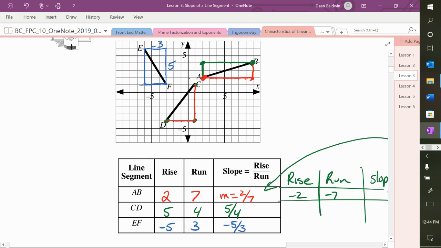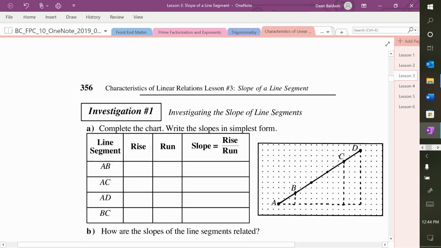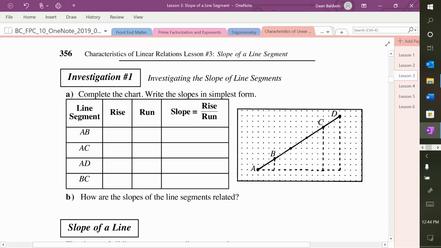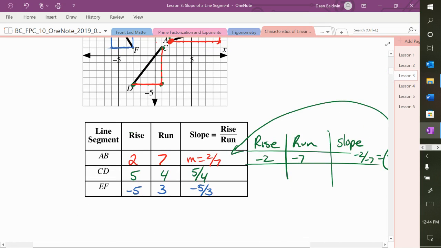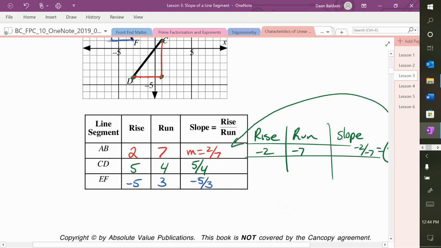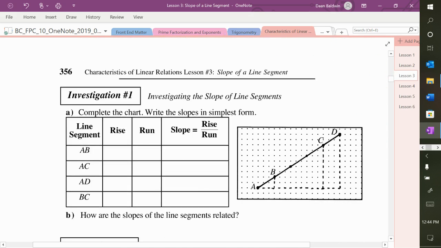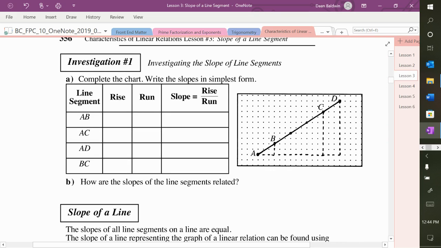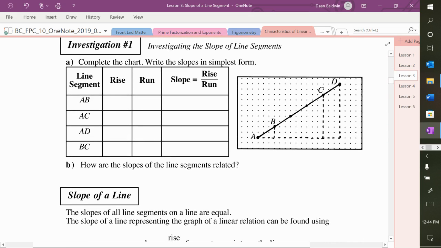All right, flip the page, please. Now, I want us to calculate the slope of all the different parts of this line.